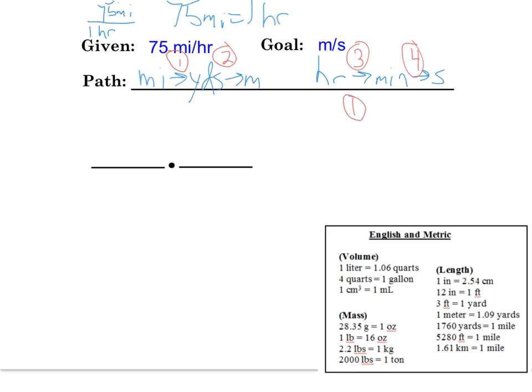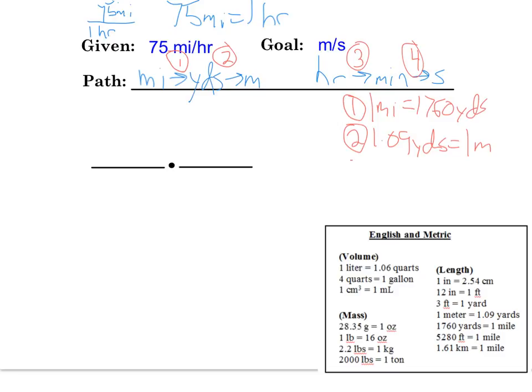So my first conversion is from miles into yards, and that is that 1 mile is equal to 1,760 yards. Second conversion is from yards into meters, and that is 1.09 yards is equal to 1 meter.